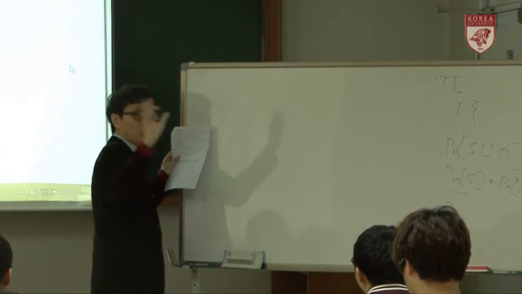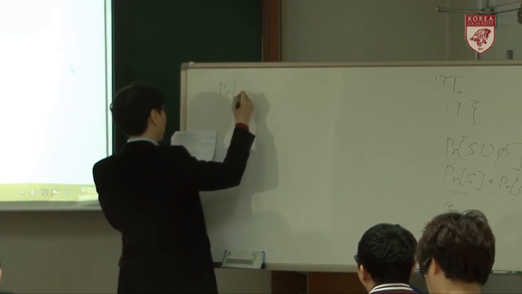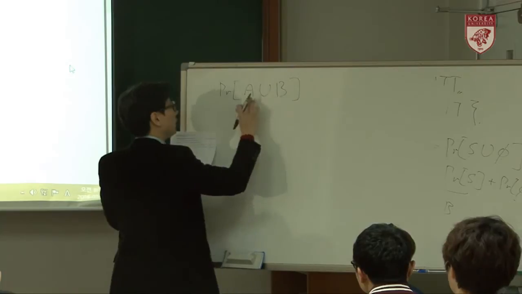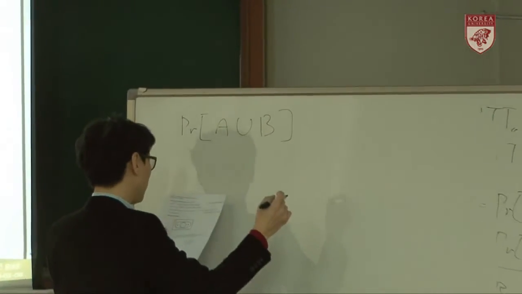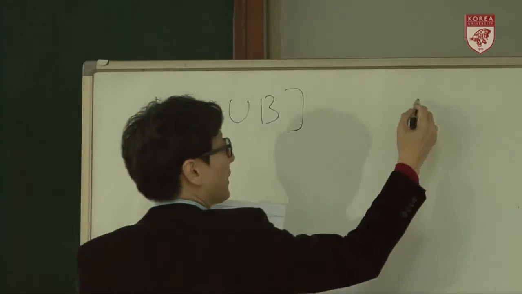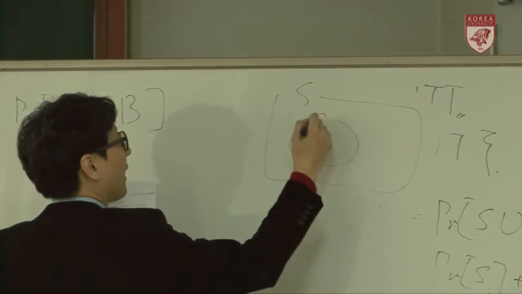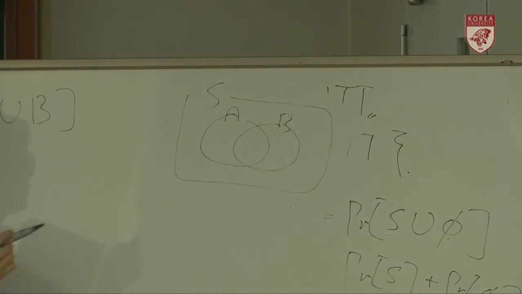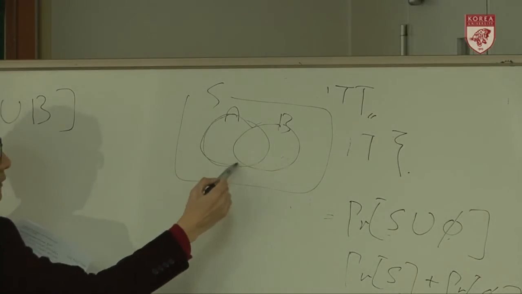So by using the 3 axioms, we can prove that the probability of A union B is equal to, because in set theory, in this S, A union B is this part.